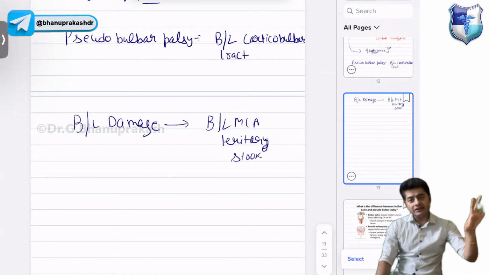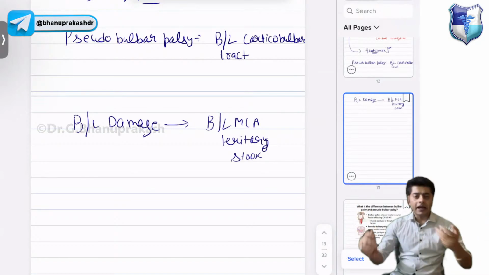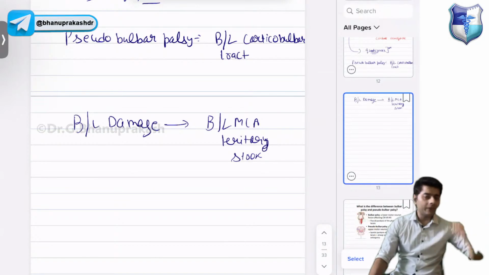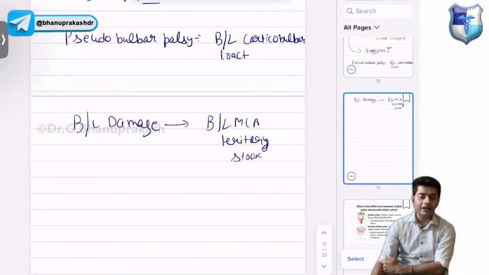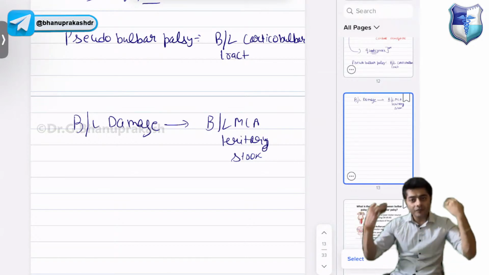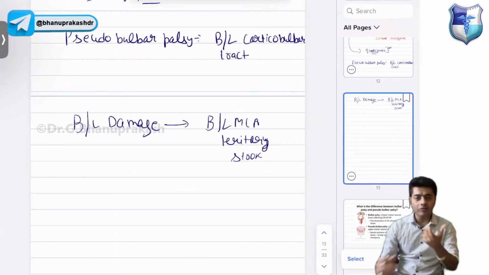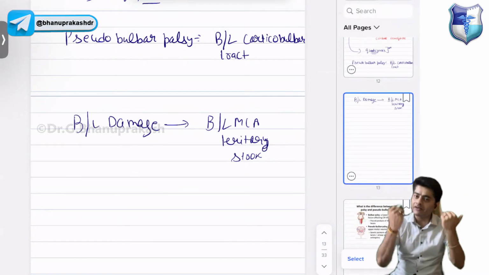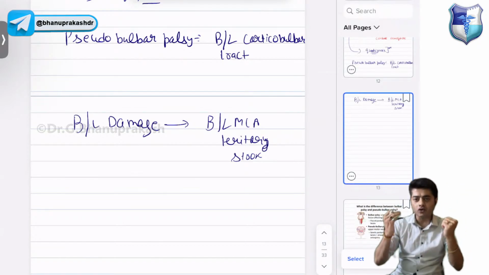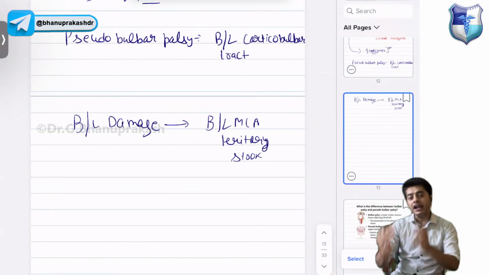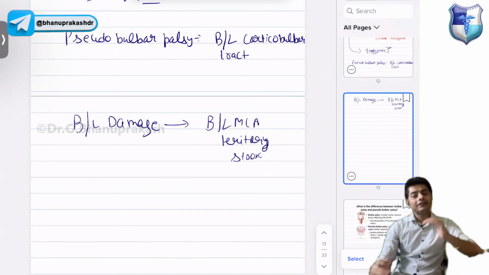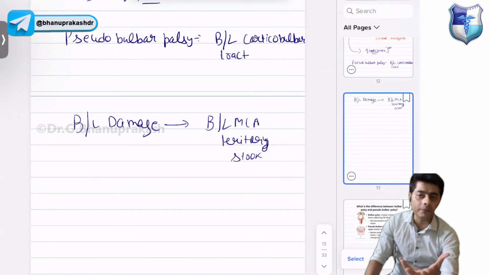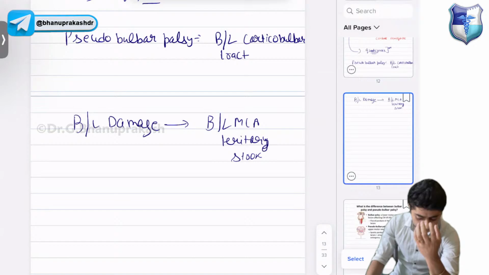And if both are damaged, both corticospinal tracts will go. And if right goes, left hemiplegia will come. And if left goes, then right hemiplegia will come. So there will be complete plegia of both the sides. Then there will be quadriparesis. And in quadriparesis, both corticospinal tracts will also be gone, because in bilateral cerebral stroke, the cerebral hemispheres are damaged. And if bilateral corticobulbar tracts are gone, then only your pseudobulbar palsy will manifest.